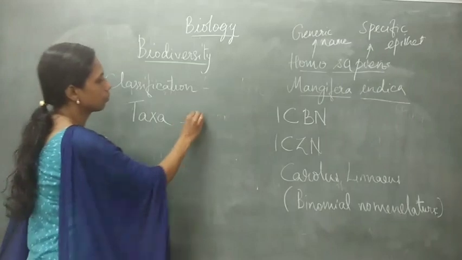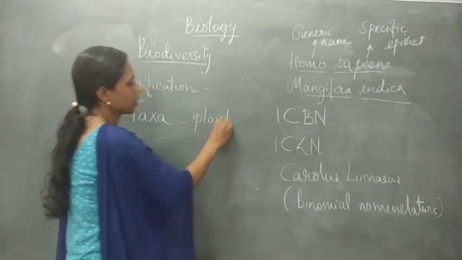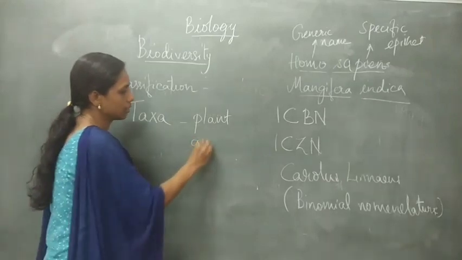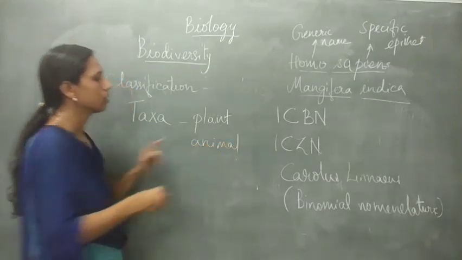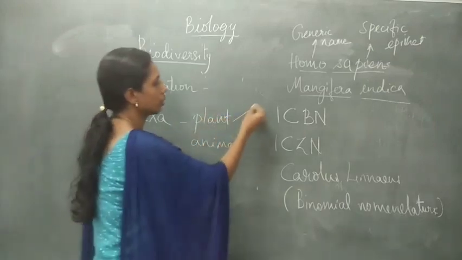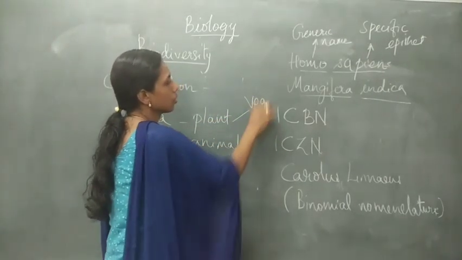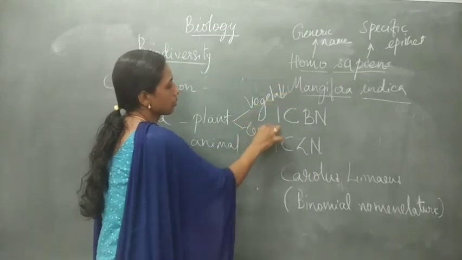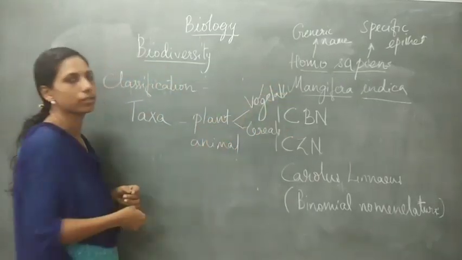So plant is one taxa. You have grouped organisms into plants and animals; this is also a taxa, and this is another taxa. Under plants, again you have classified plants into vegetables and cereals. All this is another taxa.